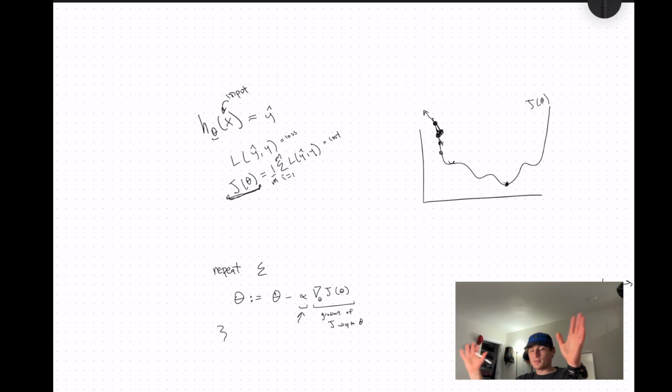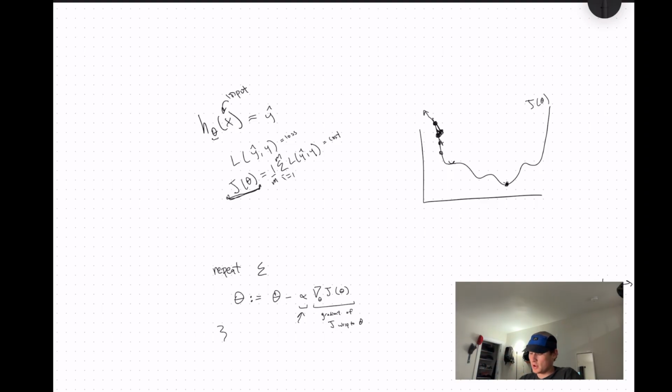We have some parameters, and then we have some cost function that depends on those parameters. And so we find the gradient of that cost function, which will definitely use our prediction function, because we're seeing how close is our prediction to the real value.